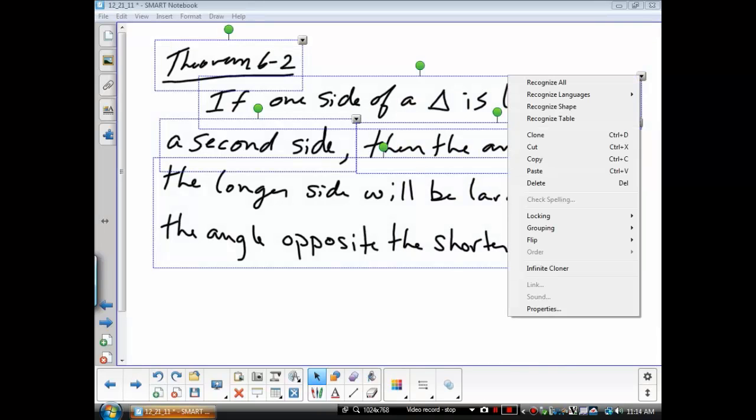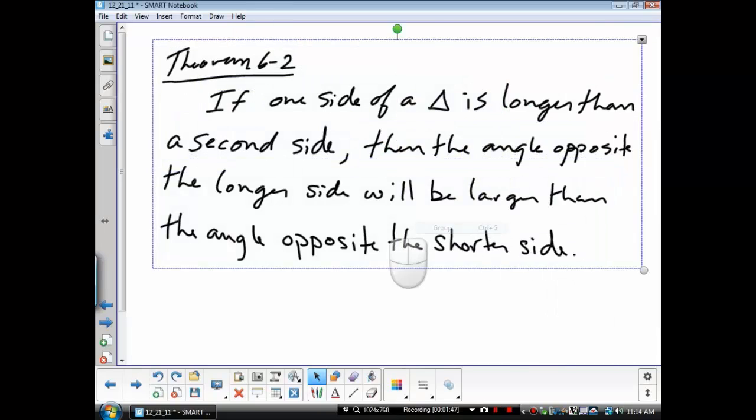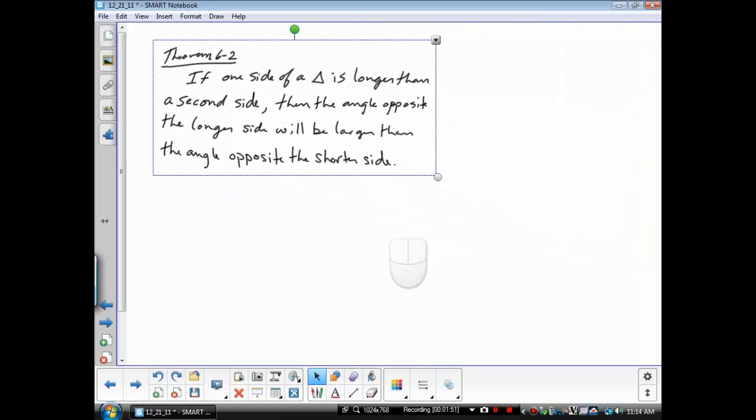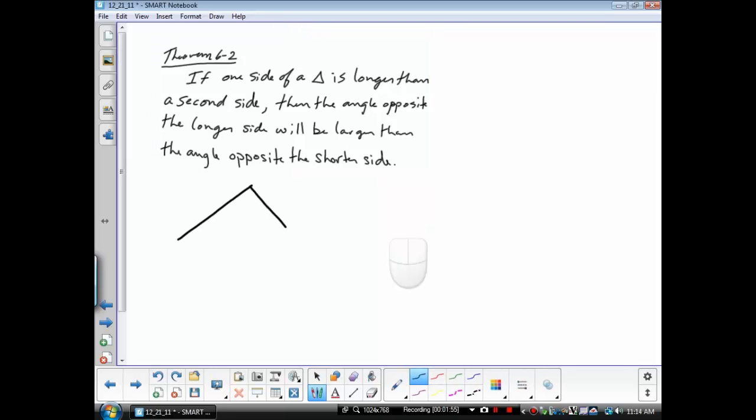So in our diagram, we are going to have a triangle with one side obviously longer than another side. And so we're going to work with triangle RST. And we are going to know that RT is greater than RS.